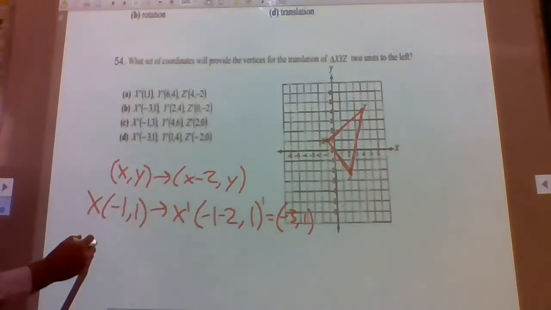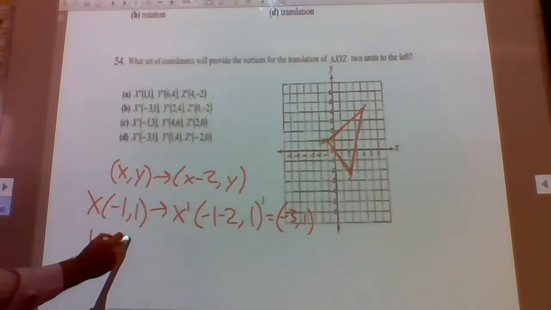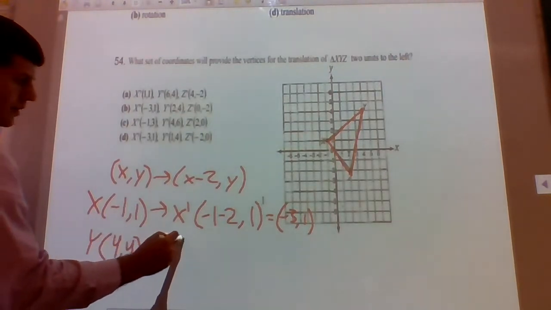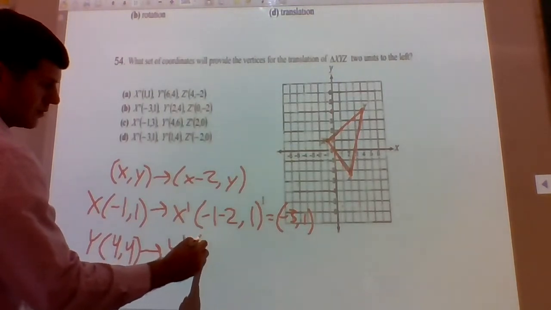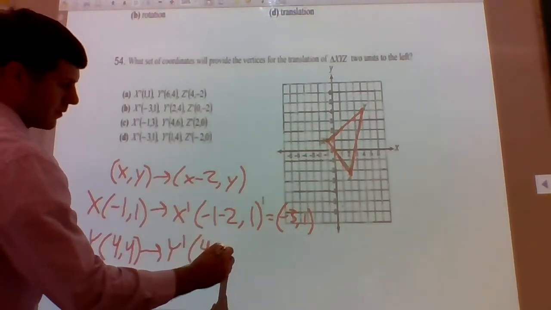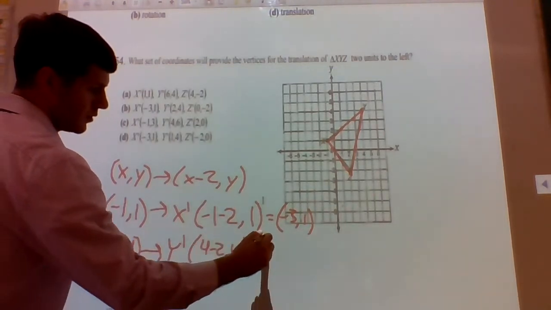Y looks like 4, 4. So Y prime is going to be 4 minus 2, comma 4, which is going to equal 2, 4.